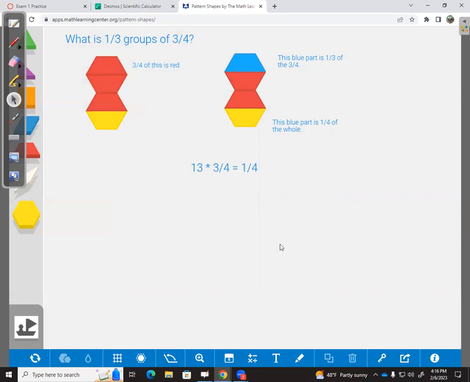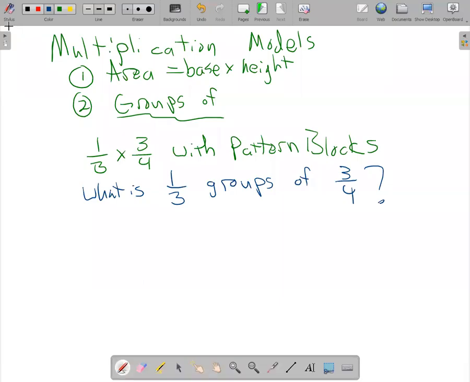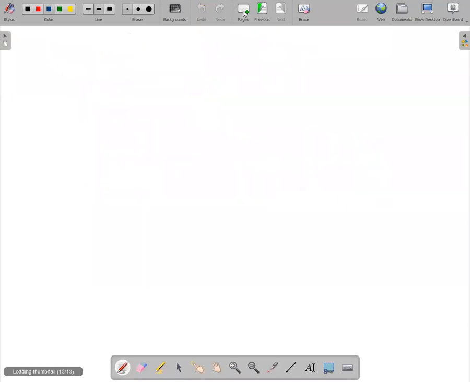And I don't have to use pattern blocks. I could sketch this out and get a similar idea. So I'm going to make a sketch of the same idea. The question is, what is 1/3 of a group of 3/4?